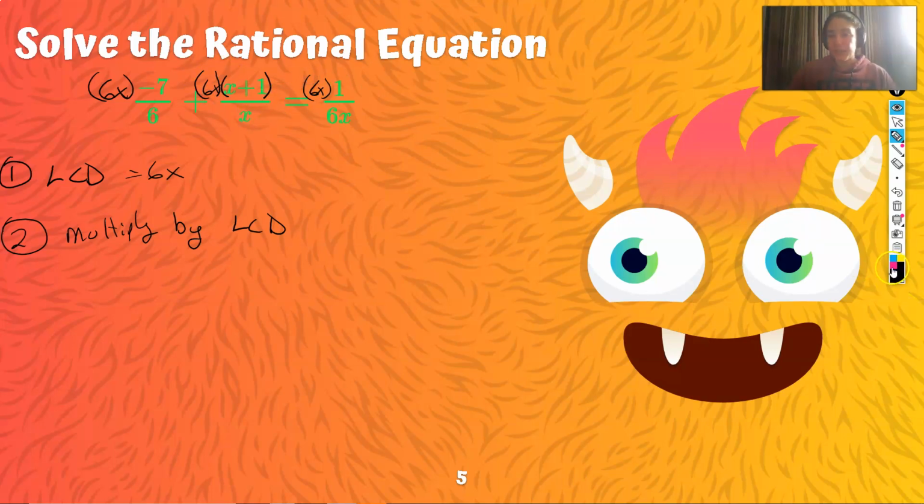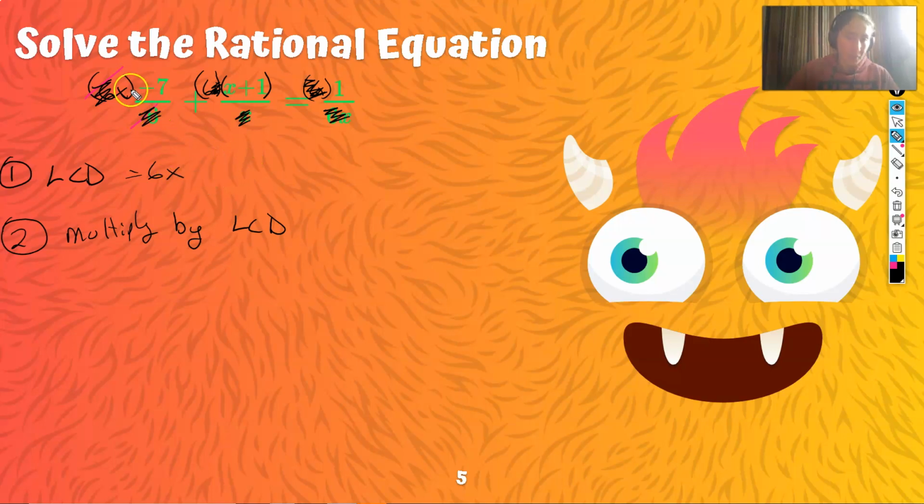Let's see what's going to happen. 6 over 6, goodbye. Notice my denominator is gone now. 6x over x, the x takes care of x, goodbye. 6x over 6x, the whole thing cancels out. And notice all my denominators are gone. I've cleared the fractions, is what we can say too.